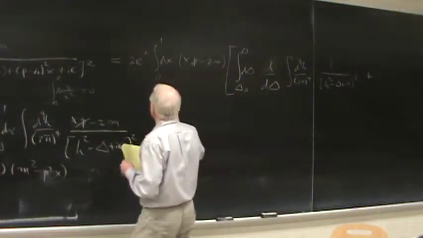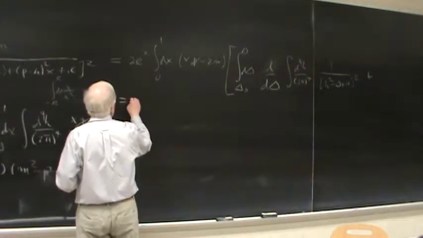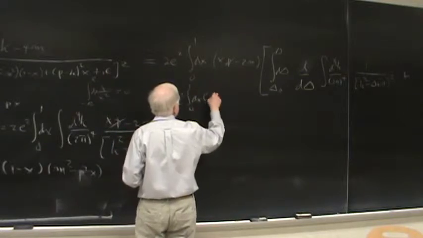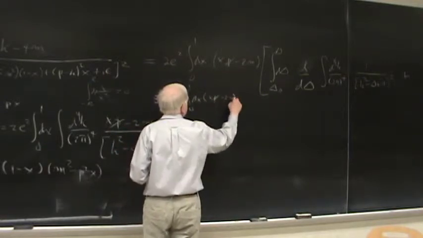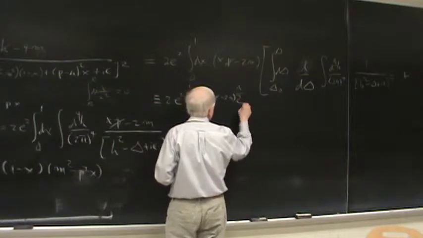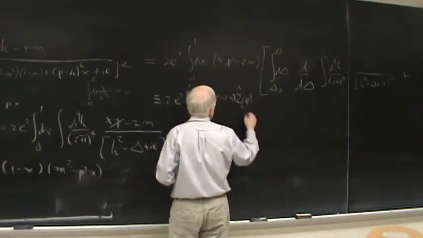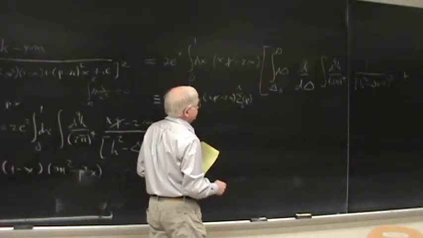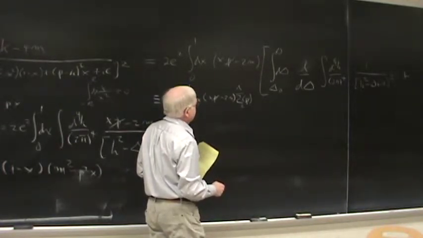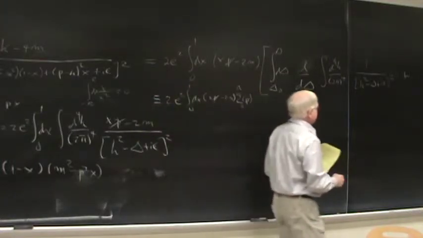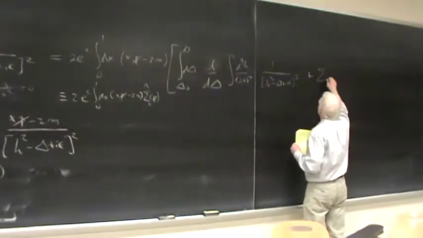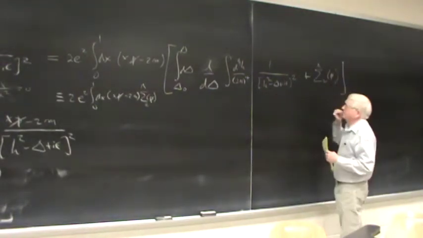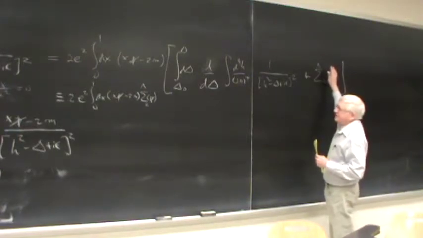Well, if I call this thing 2e squared integral 0 to 1 dx, x p-slash minus 2m, sigma 2 hat of p-slash, then, is that, do I want to say this? I want to say this is sigma 2 hat of p-slash. But anyway, it's whatever this thing is.